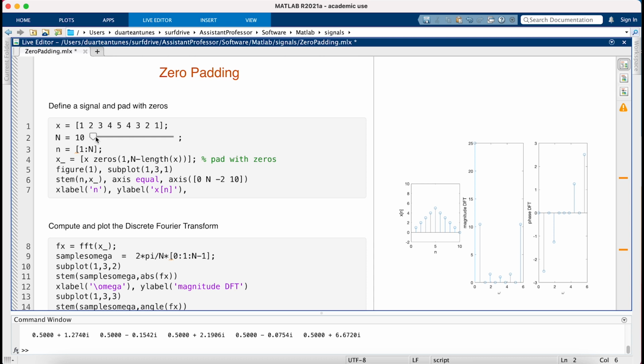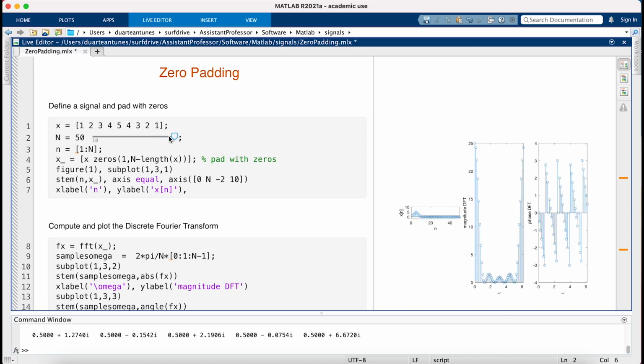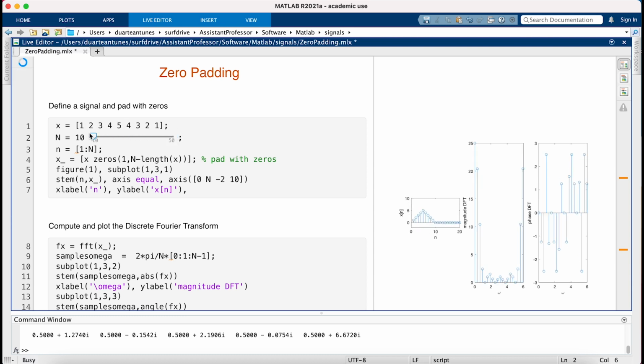However, it is not a good enough representation to fully characterize the discrete time Fourier transform. In fact, we see that as we increase capital N all the way to 50, we have a much better representation of the discrete time Fourier transform, and we see that it has some oscillatory behavior that was definitely not visible when we made capital N equals 10.